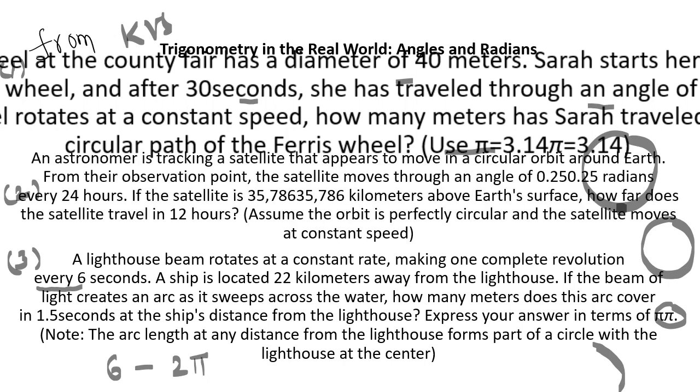An astronomer is tracking a satellite that appears to move in a circular orbit around the Earth. From their observation point, the satellite moves through an angle of 0.25 radians every 24 hours. If the satellite is 35,786 kilometers above Earth's surface, how far does the satellite travel in 12 hours? Assume that the orbit is perfectly circular and the satellite moves at a constant speed.